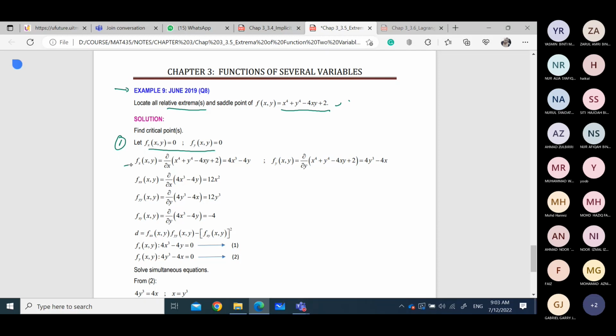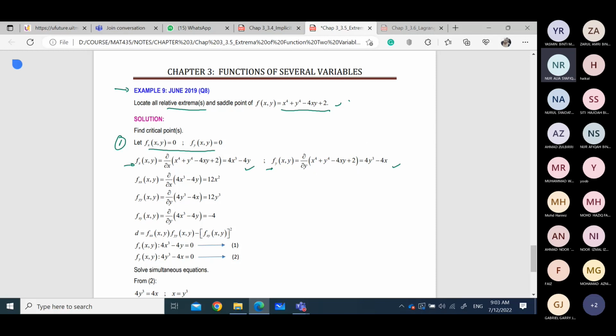Okay, so now we look at this one. The first order derivative with respect to x on the surface is 4x cubed minus 4y. And the first order derivative with respect to y on the surface is 4y cubed minus 4x. So here, when you differentiate with respect to y, x remains as a constant.